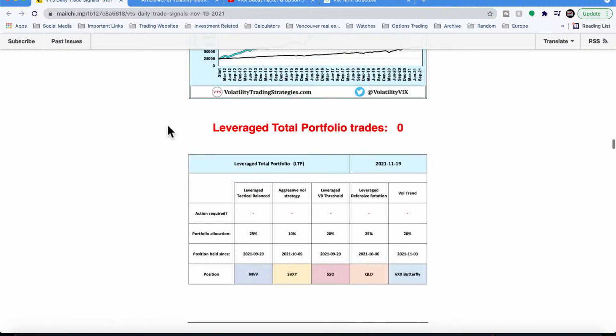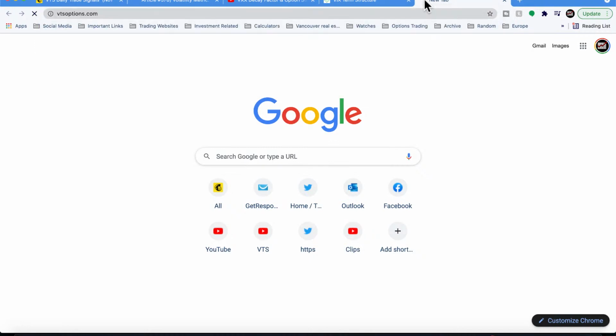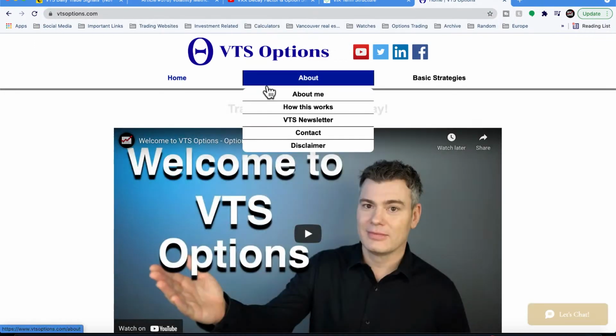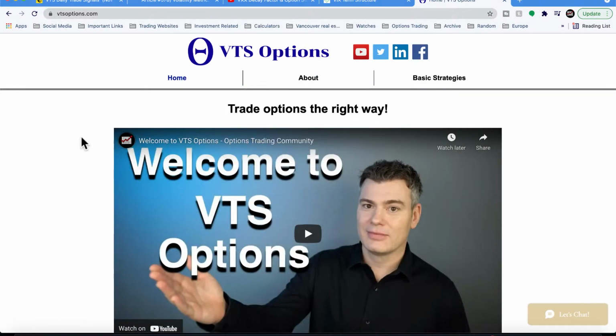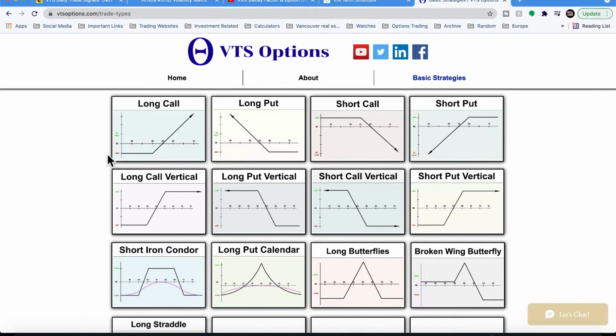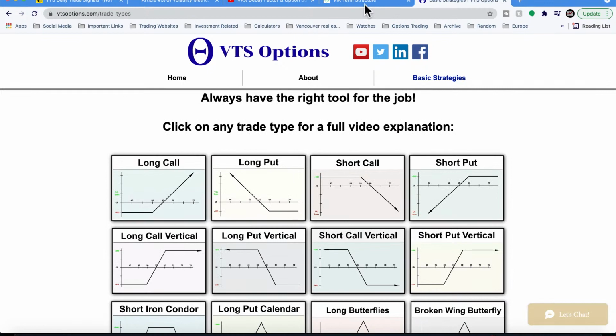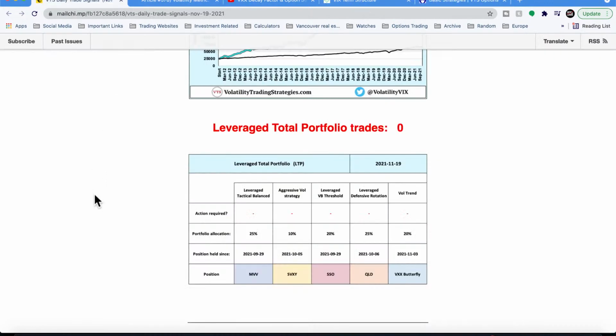Now, of course, I will mention that I typically will invest somewhere around, it depends, my option trading depends, but let's say 30%, maybe sometimes as high as 40, but ballpark 30. I do a lot of option trading as well, so 30% of my portfolio will be the VTS options type of stuff.